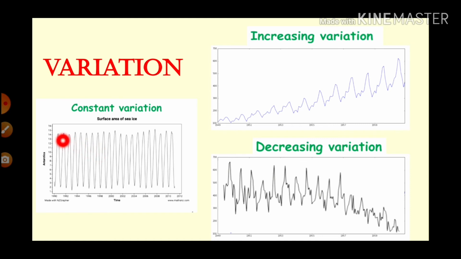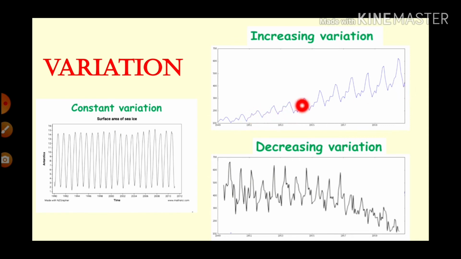The constant variation is along the trend line. That's about the length being constant. So over here and over here, it's sort of parallel to each other, right? Whereas for increasing variation, if I draw the line along, what do you see?